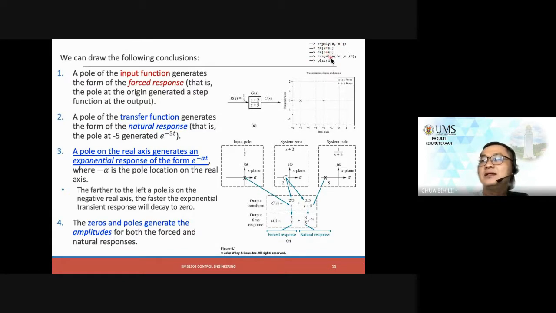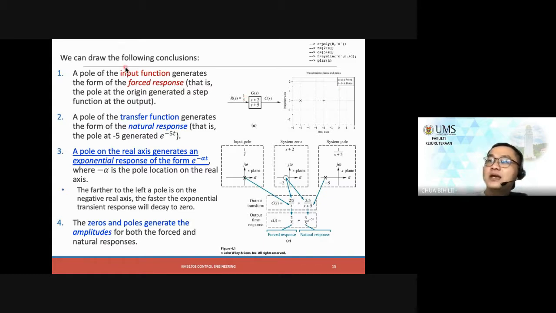Type accordingly, then use the function plzr, and it will plot this for you. Then you can see that the zero would be at -2 and the pole would be at -5. This is generated by Scilab.